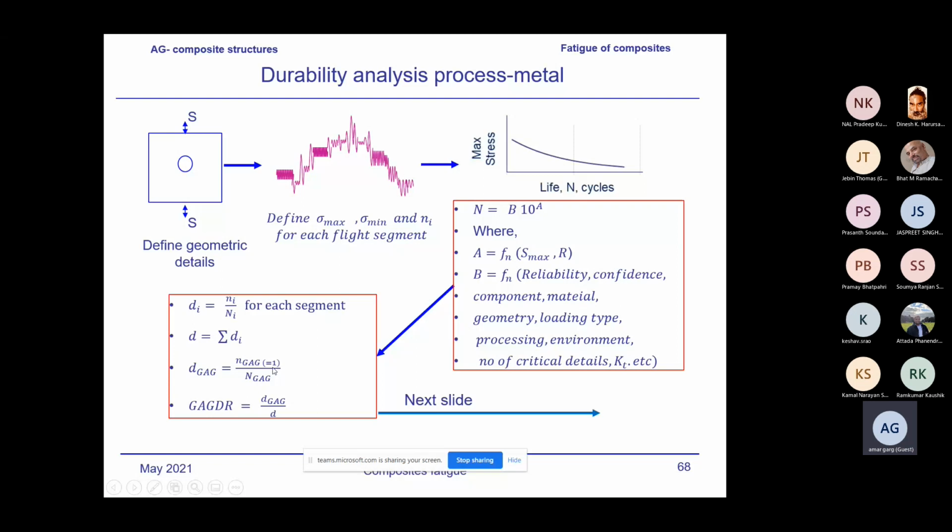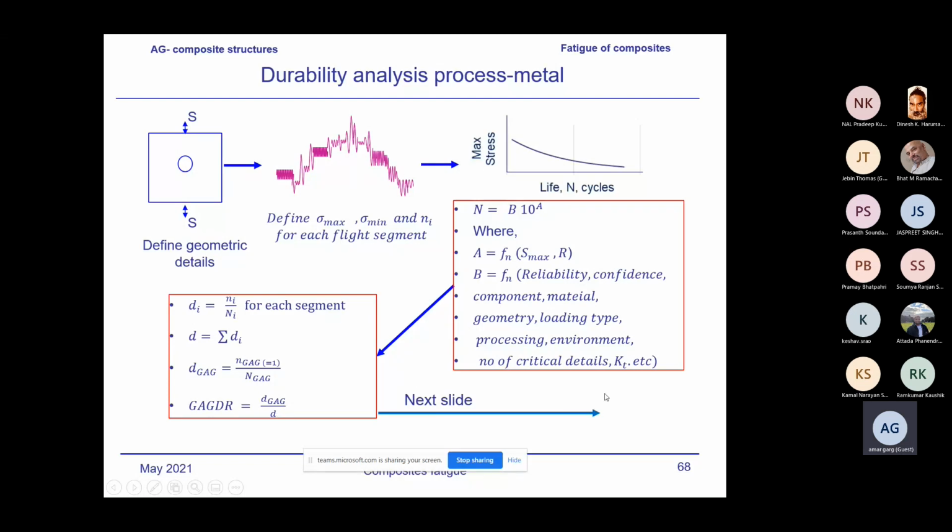What is the damage for the one Geg cycle is represented by this. N is the life for that stress level for the Geg cycle. So the Geg damage ratio is D Geg by D, as we defined earlier.